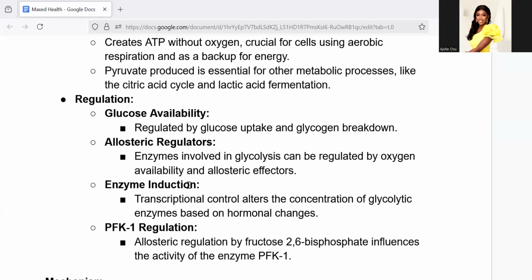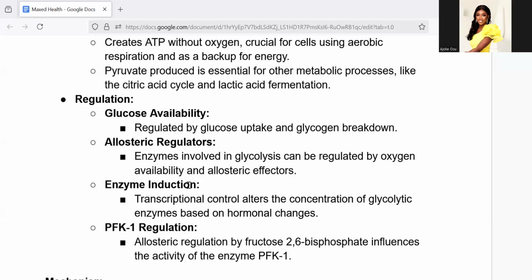So for regulation, glucose availability: the amount of glucose available for the process regulates glycolysis, which becomes available primarily in two ways. So regulation of glucose reuptake or regulation of the breakdown of glycogen.